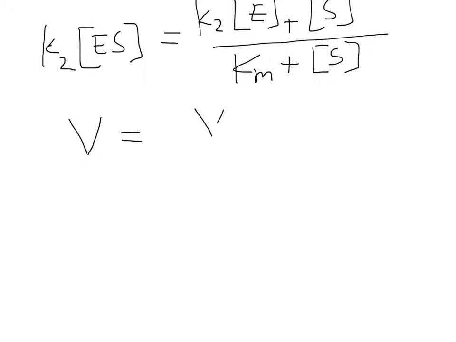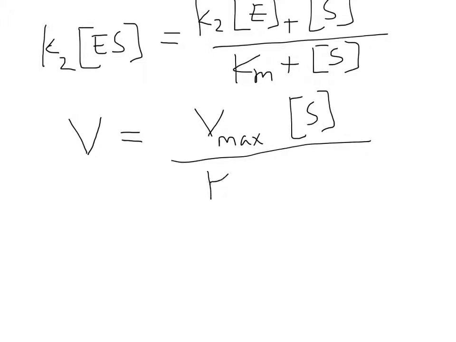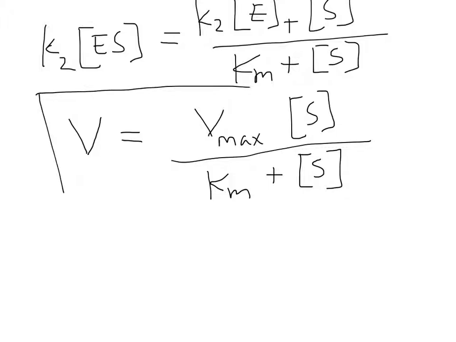So you get Vmax times S over Km plus S. And this is the classic Michaelis-Menten reaction velocity.